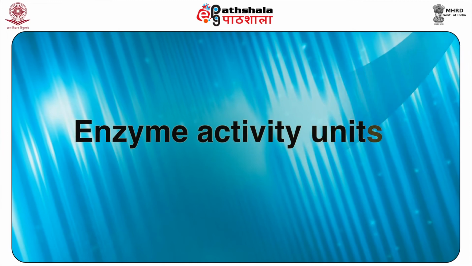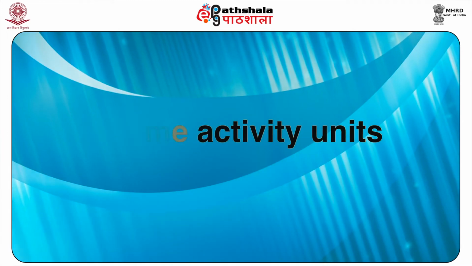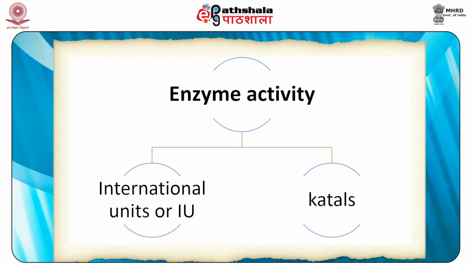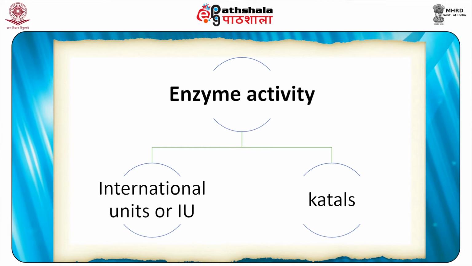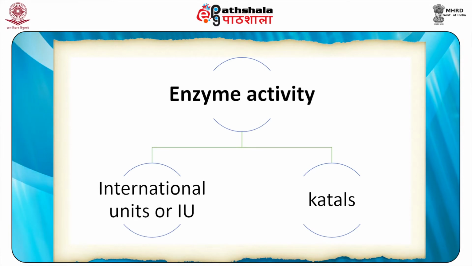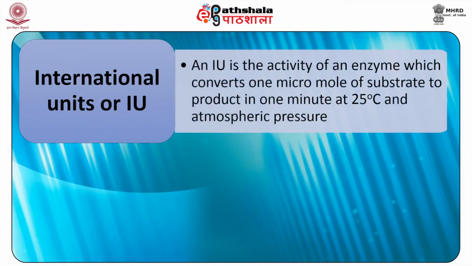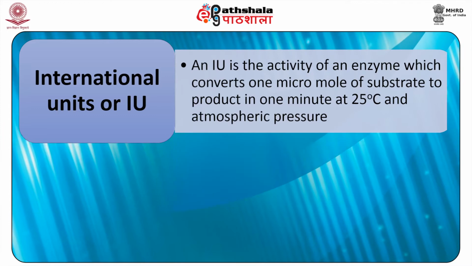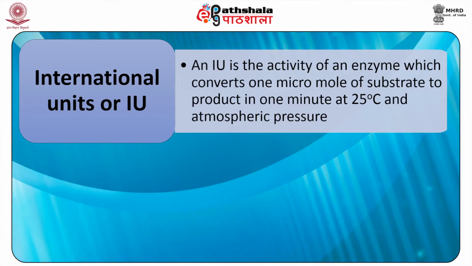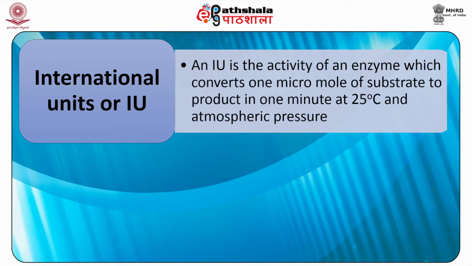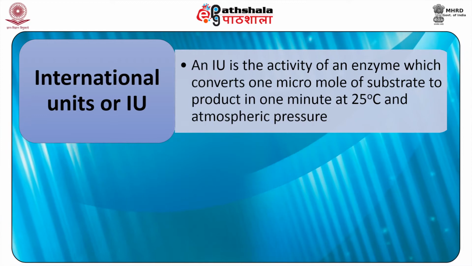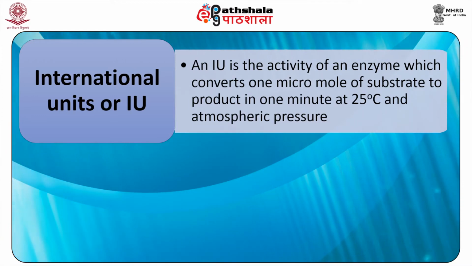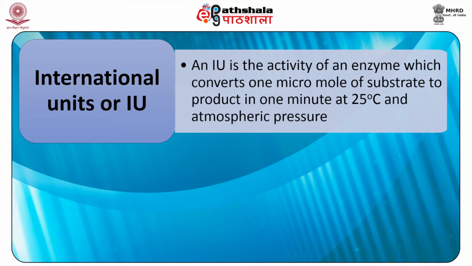Now let us consider what are the enzyme activity units. Enzyme activity is expressed in two types of units: international units or IU and katals. An international unit is the activity of an enzyme which converts 1 micromole of substrate to product in 1 minute at 25 degrees centigrade and normal atmospheric pressure.